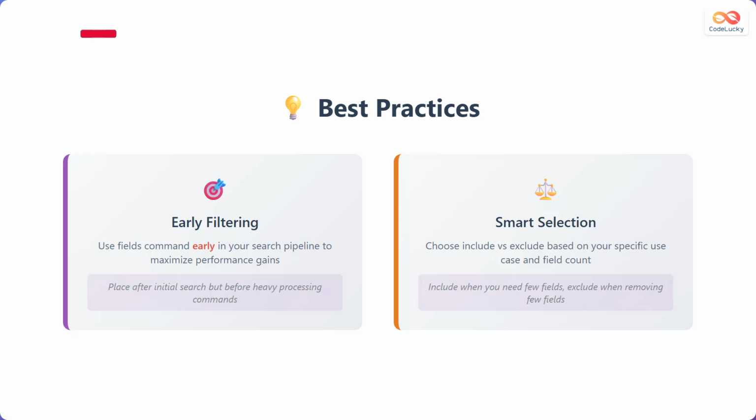The second important practice is smart selection between include and exclude approaches. Choose to include fields when you only need a few specific fields from a dataset with many fields. Choose to exclude fields when you want to remove just a few problematic fields while keeping most others. This decision should be based on your specific use case and the total number of fields in your data source.